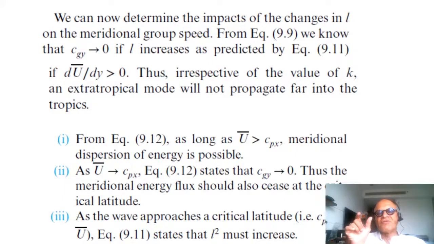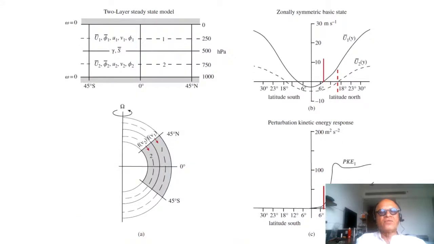In other words, the wave is getting trapped and getting shorter, which means L is increasing. So the same basic wave kinematics we talked about, we are now putting in terms of the zonal state and the meridional shear. We'll add complications as we go along.